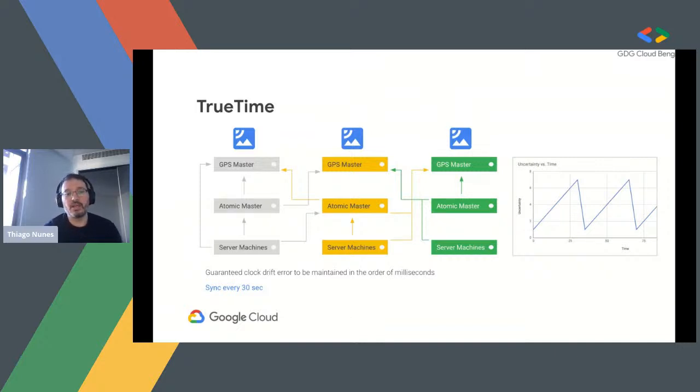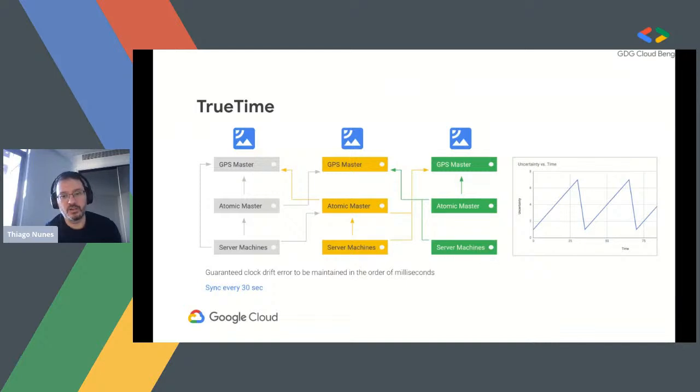So basically, it uses these two different technologies to cope with the failures in the other. But what is important to notice here is that even though we use GPS and atomic clocks, you still can have clock drift, right? So here on the right in this graph, we have a representation of what that looks like.